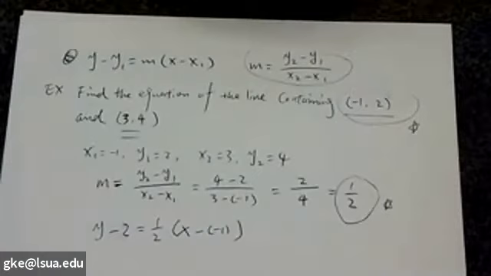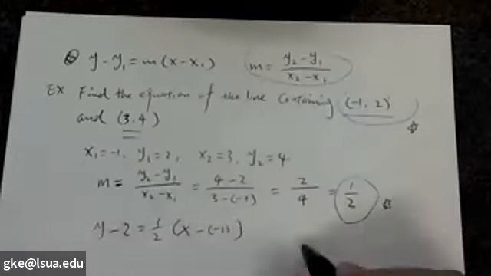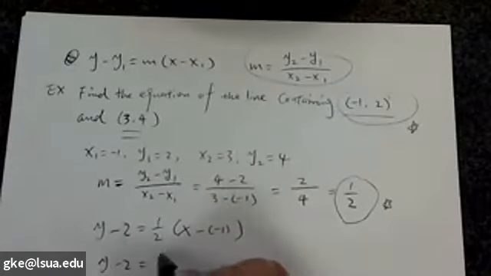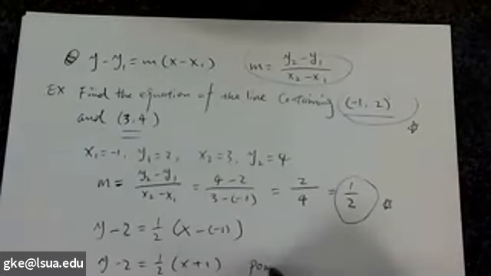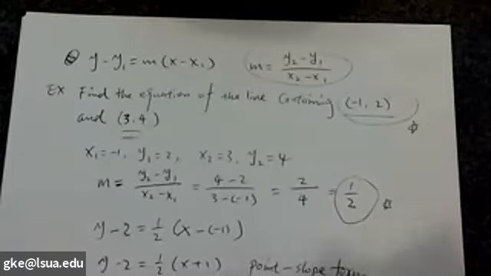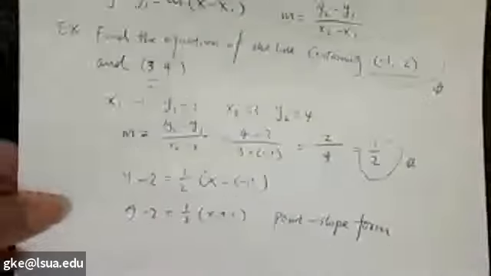Okay. Got the point slope form. Of course, you can simplify it. Point slope form. Okay.